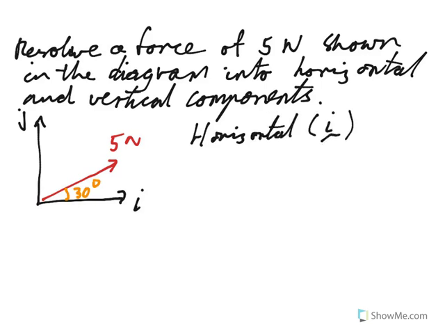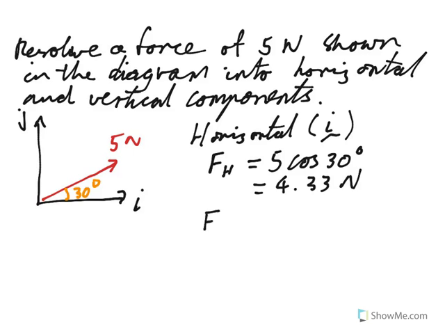So our horizontal bit, call it FH, will be 5 cos 30 degrees, which would be 4.33 Newton, and our vertical component would be 5 sine 30 degrees, and that would be 2.5 Newton. Alright, so there are our horizontal and our vertical components.